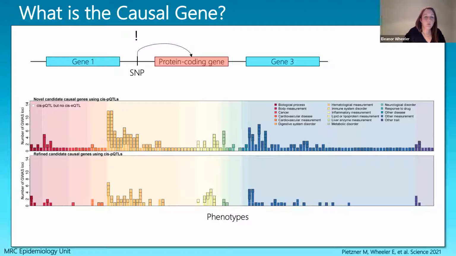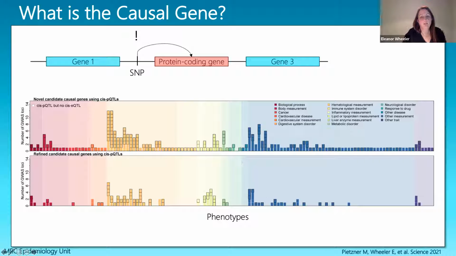And so we took all genome-wide significant variants from the EBI GWAS catalogue as of January this year, and we identified 558 cis regions where the pQTL was in strong LD, so highly correlated, with at least one variant for over 500 curated phenotypes.